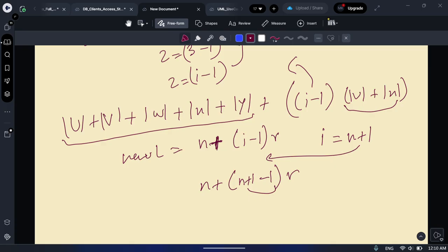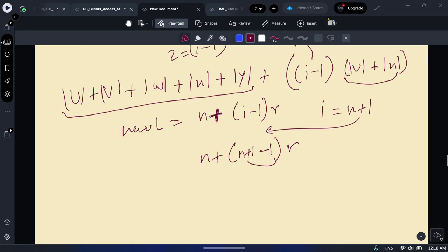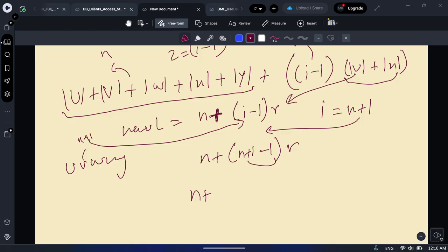And see, we can put the value of, like, we chose i as n plus 1. Remember, that's what we did when we did the decomposition, u v w x y, we said this is n plus 1. That's why we did it, so that we can put this back here. This is n, and n plus i minus 1, and this is r.